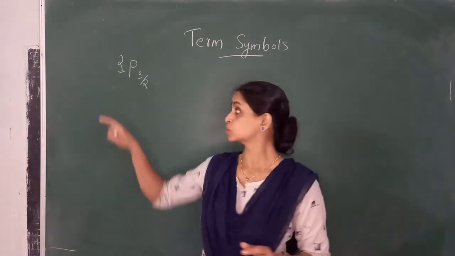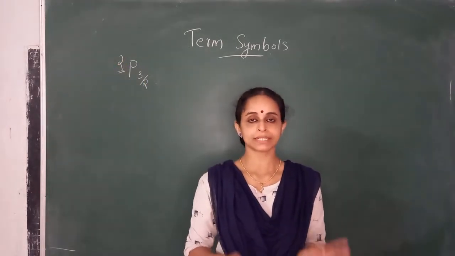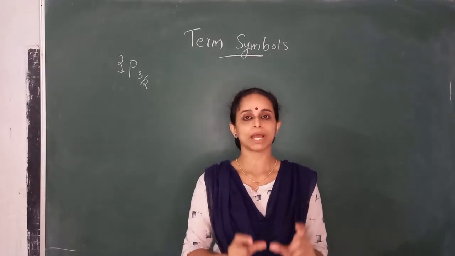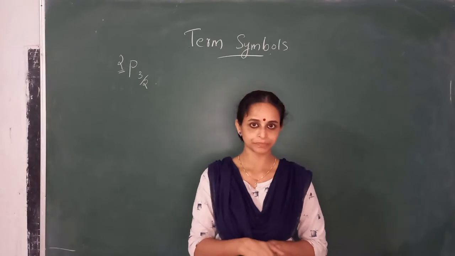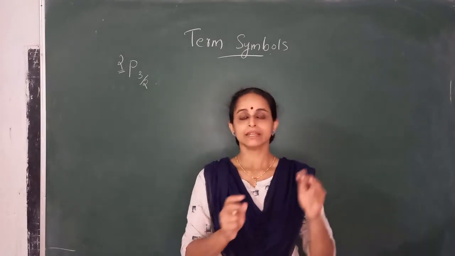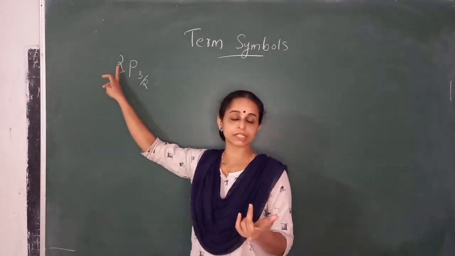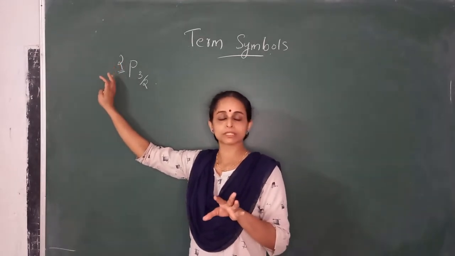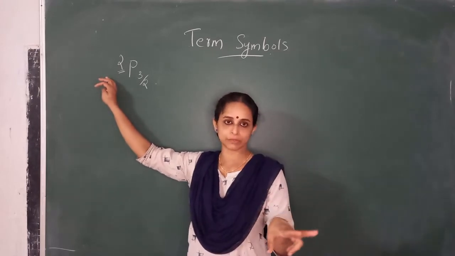So if this 2 represents the different ways in which L and S combine, it represents the possible values for J. Suppose here there are 2 possible ways; 2 possible ways means there will be 2 J values.